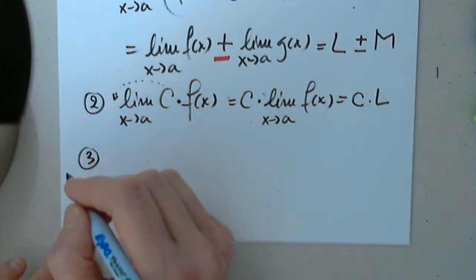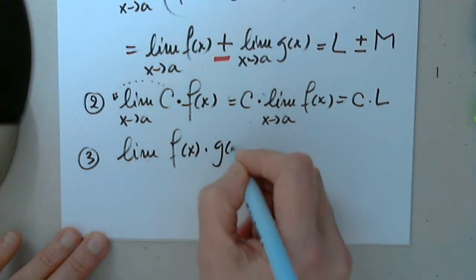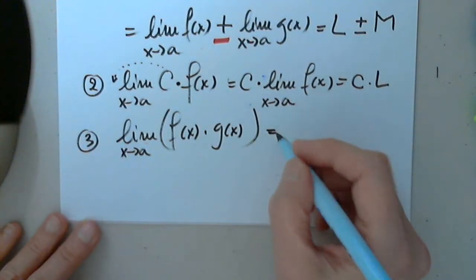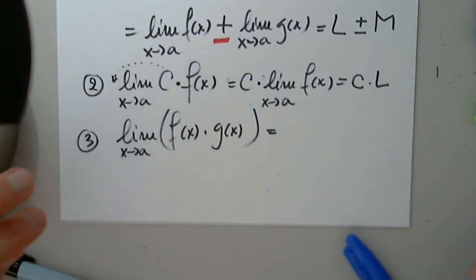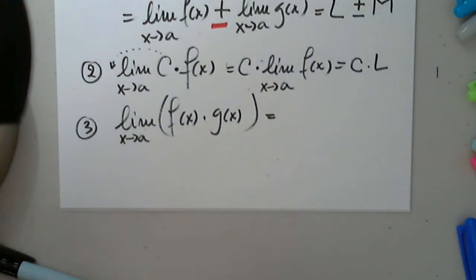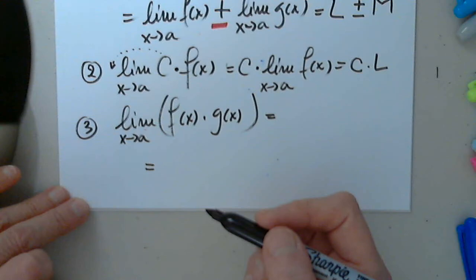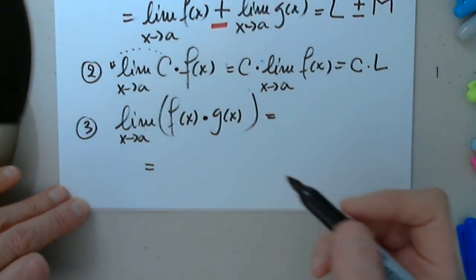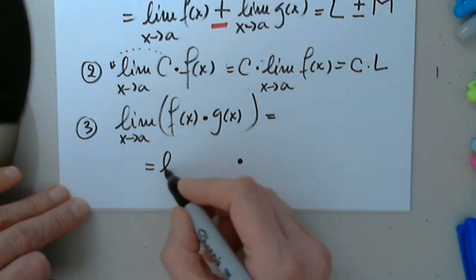Okay, number 3, limit law number 3. So the limit of f of x times g of x as x approaches a. Any wild guess? What do you think this will equal? Anyone? The limit of f of x as x approaches a times the limit of g of x as x approaches a.